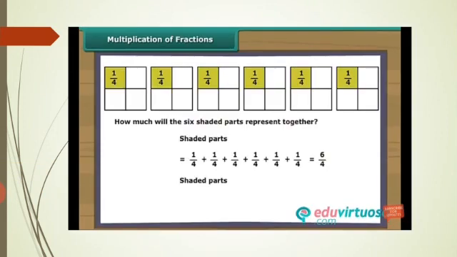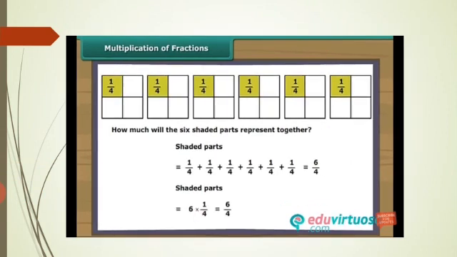So listen, how much will the 6 shaded parts represent together? Together, you know very well that you need to add. So add the quarter parts. When you add the quarter parts, you get an improper fraction, and by getting that answer you find the shaded parts. The solution is 6 quarters.